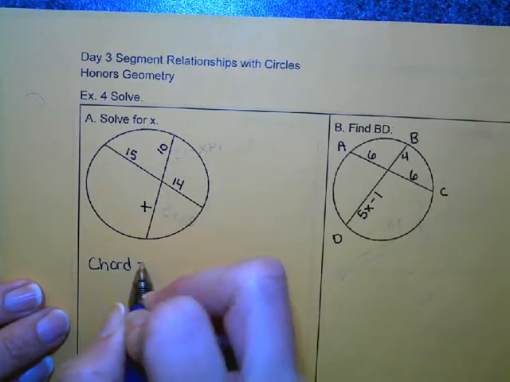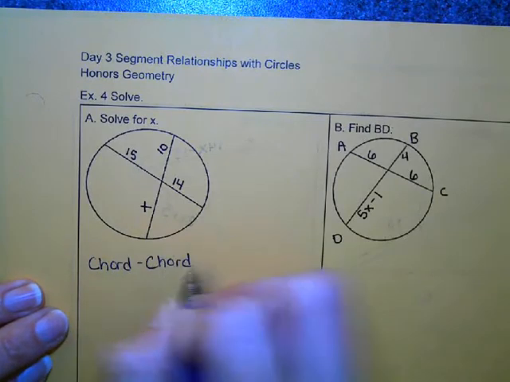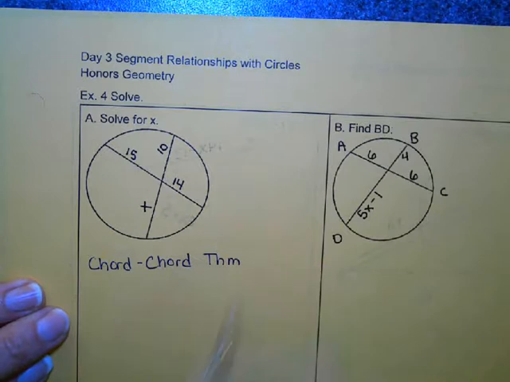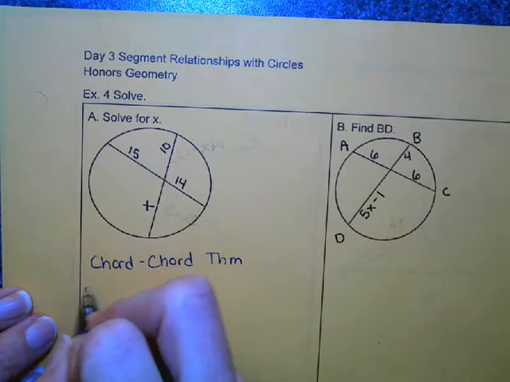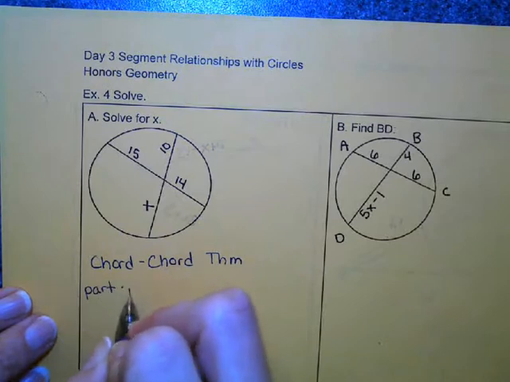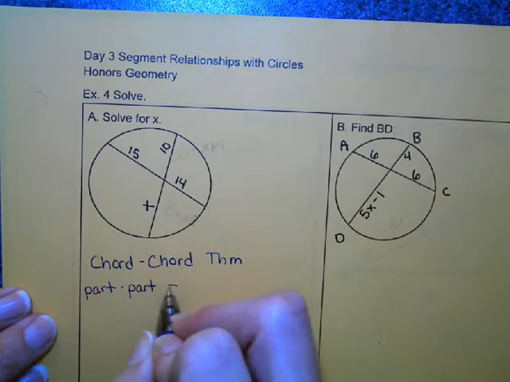It gets its name because you decide what is in the picture. We have two chords, so we're going to do the chord theorem. The chord theorem says you take part times part equals part times part.